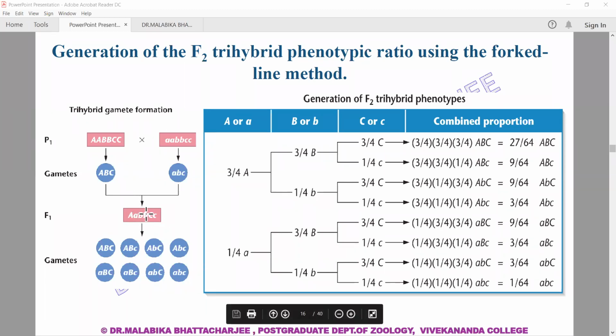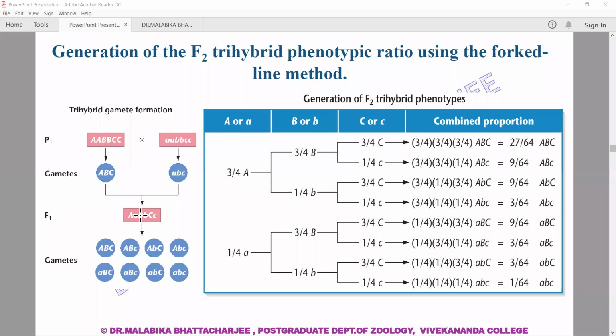Now when we do the same, considering this gene differently, capital B small b into capital B small b, think of it as separate. Now again we get 3/4, that is 3 parts capital B phenotype, 1 part small b phenotype.